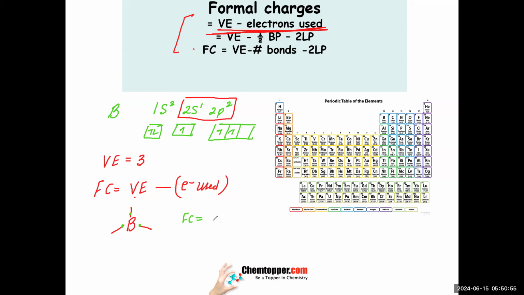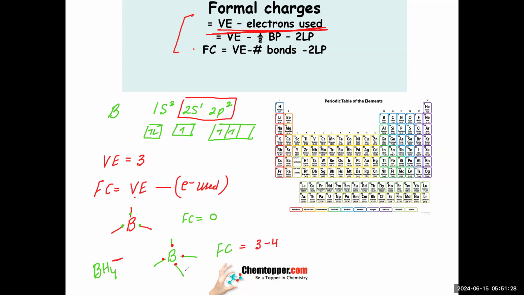No. What's the formal charge here? 0. But if I give you something like this, BH4 minus, can you check the formal charge here? For every bond, boron is using 1 electron, but boron is giving only 3. So it means it has gained 1 extra from somewhere else. So see, BH4 minus.